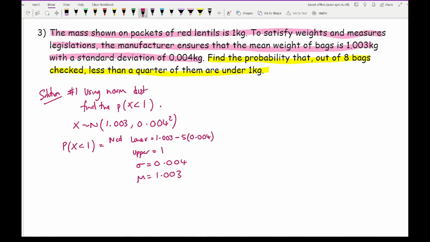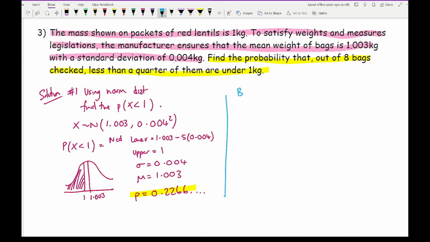I get a probability answer of 0.2266, and that continues. If I show that as a graph, I've got 1 and 1.003, and what I'm wanting is this probability here at 1. Now that I've got my p, I can work with my binomial approximation.